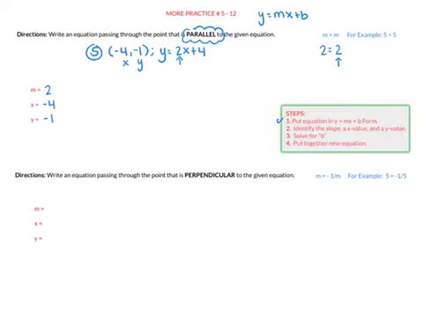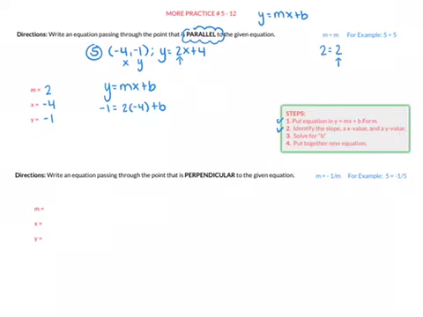All right, step 3. We want to solve for b, the part of the equation that we don't know. So we'll take the equation and replace each of the variables that we do know with those numbers so that we can start solving. y is -1, m is 2, x is -4, and we're solving for b.